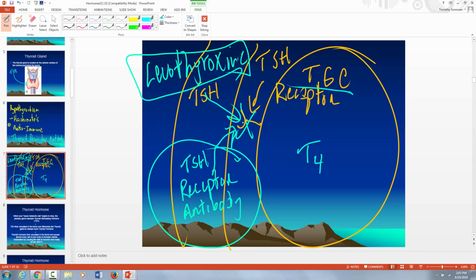TSH can't stimulate the receptors because the antibodies destroyed them, so you can't make T4. So what do you do? You give them T4 in a pill. That gets into the blood, and then T4 goes to the liver and is converted to T3. So that's the treatment.